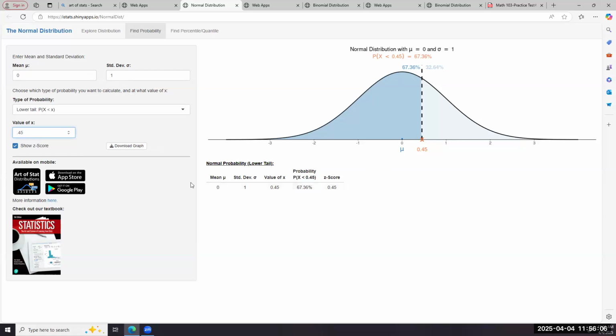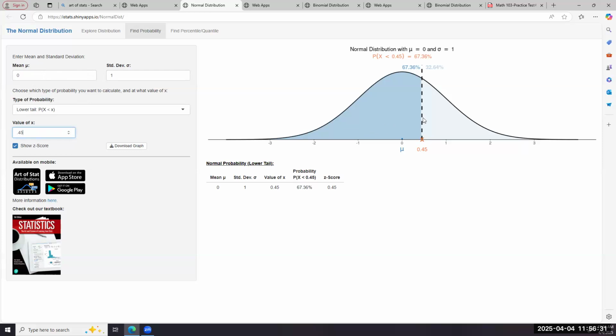We are interested in the area to the left, and since you go with 0, 1, the x and the z are the same thing here. If you change it to the original mean and standard deviation, which you'll see later on, we have to write it down. But for the area to the left, this would be the one.